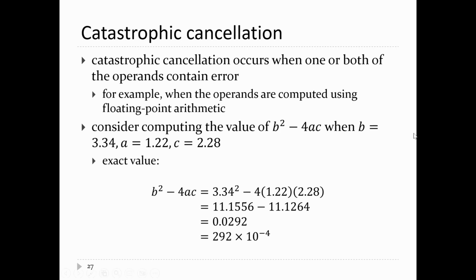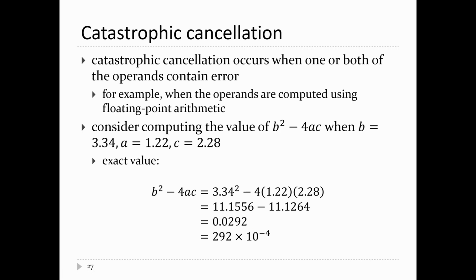So let's compute b squared minus 4ac using real arithmetic. So 3.34 squared, 4 times 1.22 times 2.28. You just pull out your calculator, and the correct answer is 0.0292.